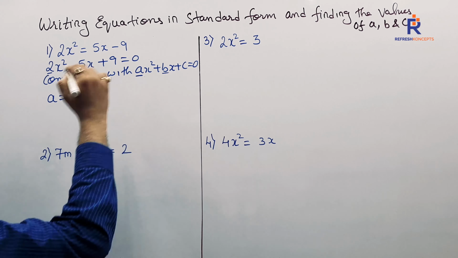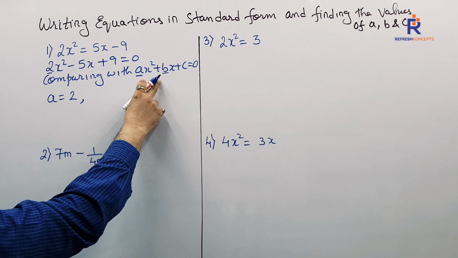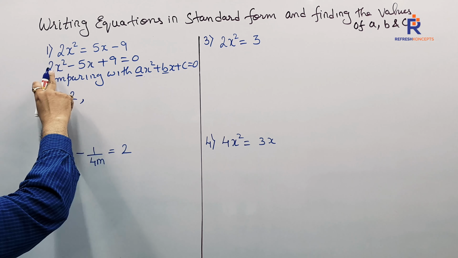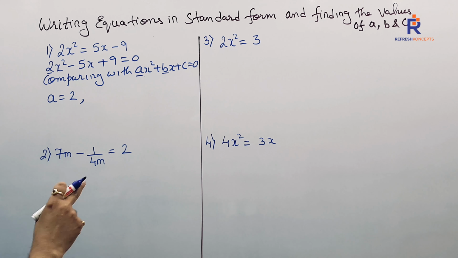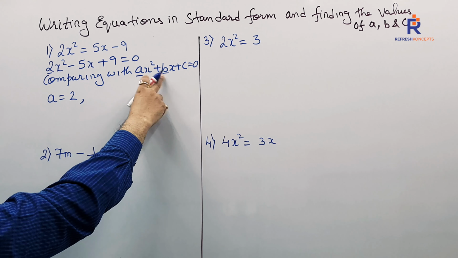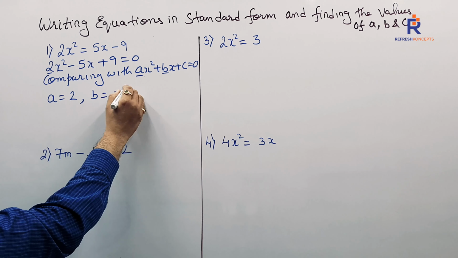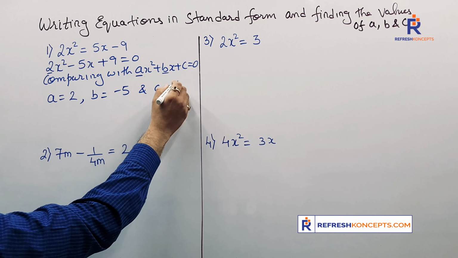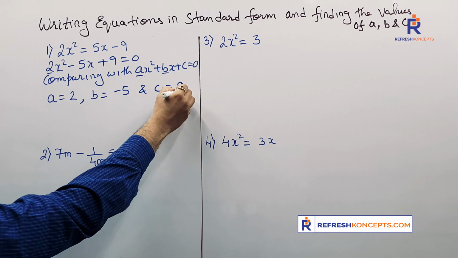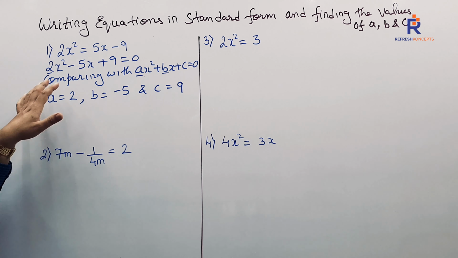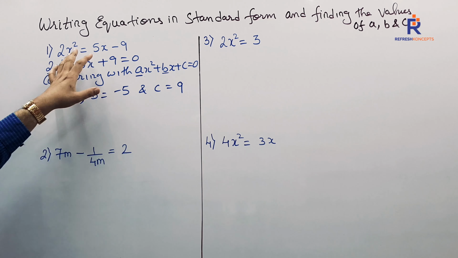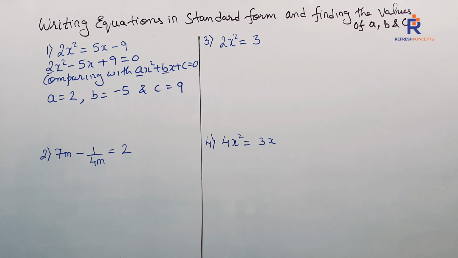Now those who say my b over here is plus but over here it's minus, you can always write this as 2x square plus of minus 5x in order to get the comparison right. So my b is minus 5 and my c is plus 9. So this is how we find out the values of a, b and c.